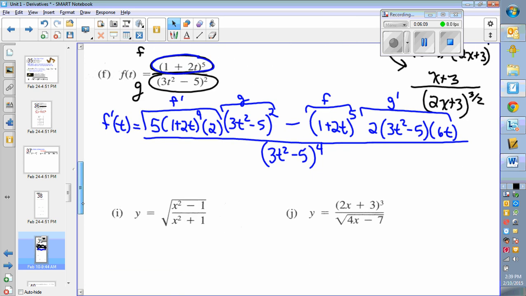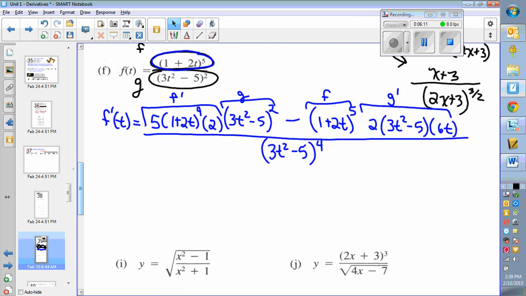All right, so some canceling first, before common factors. I'll circle it in red, there is a 3t squared minus 5 here. There's 2 of them. There's 1 there, and there's 4 here. So we can kill the one of them that's a common factor, divide it out here, kill one of them here, and one of them there.